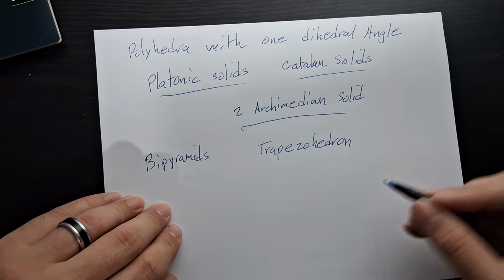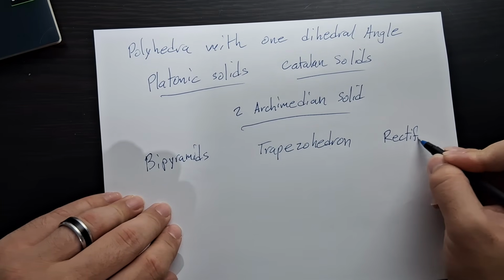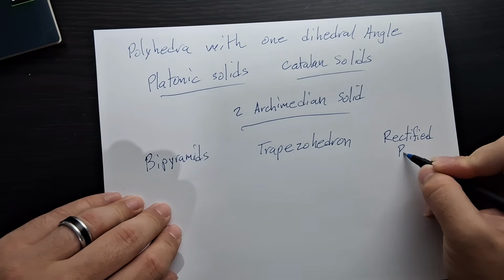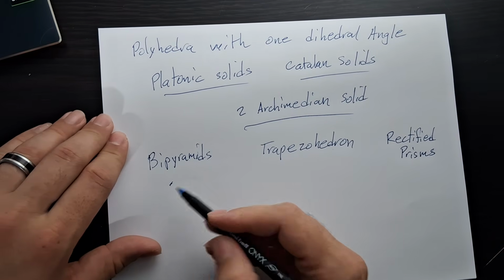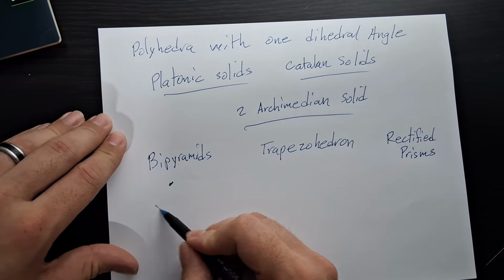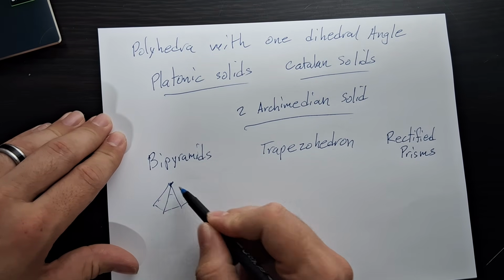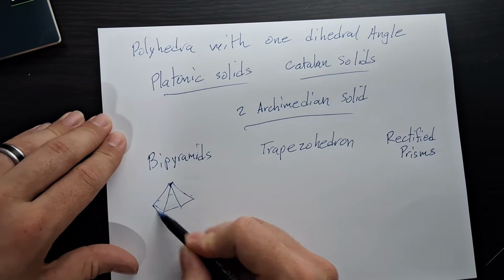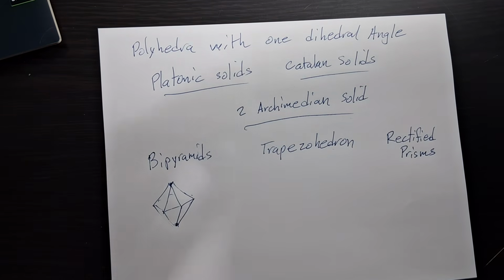I'll sketch one of them. And we have the rectified prisms, and we'll sketch these out. Okay, bipyramids are really simple. Take a regular n-gon and make a pyramid out of it, and then make a reflected copy. The trapezohedron is very similar.